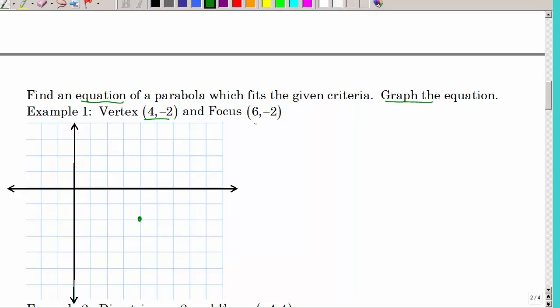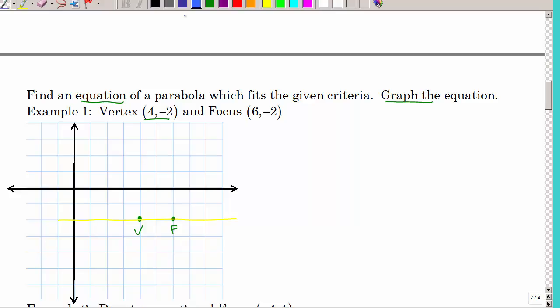And then we're going to plot the focus. Now just the relationship of those two dots should tell you which way this parabola goes. Does it go up and down, or does it go side to side? It goes side to side. It's going to have that horizontal line for your axis of symmetry.